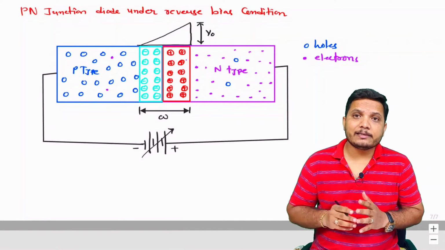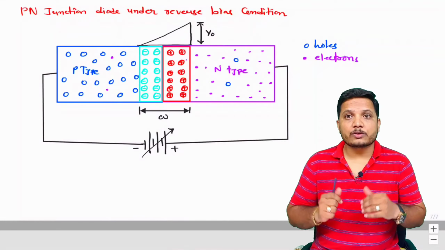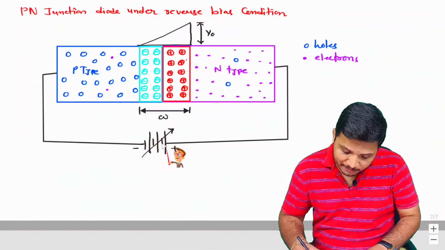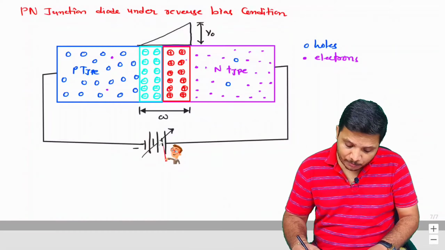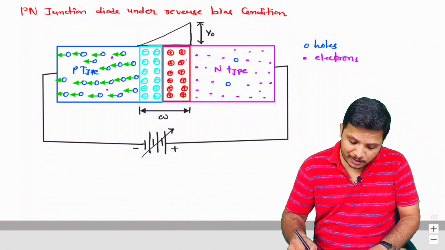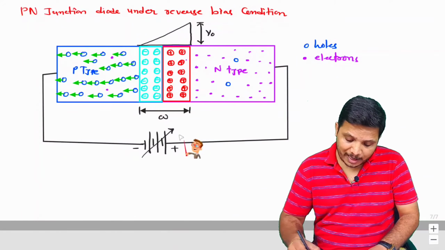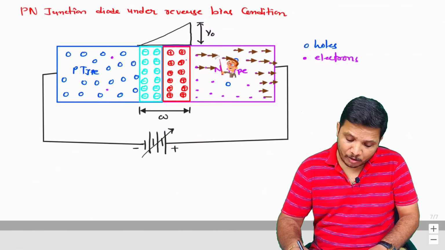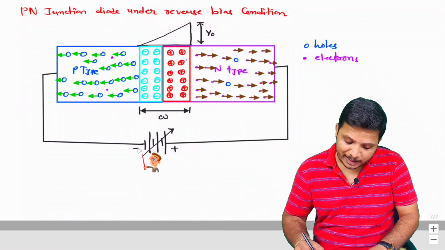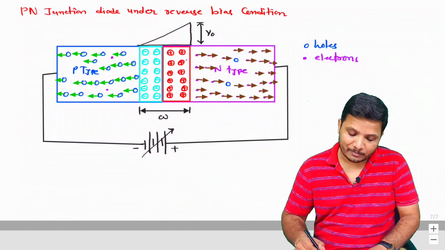Now let us increase the reverse bias voltage from 0. What will happen? If you increase this reverse bias voltage from 0, you see the P-type holes are getting a force in this direction, and the N-type electrons are getting a force in this direction because of this positive plate, and the negative plate is forcing holes in this direction.